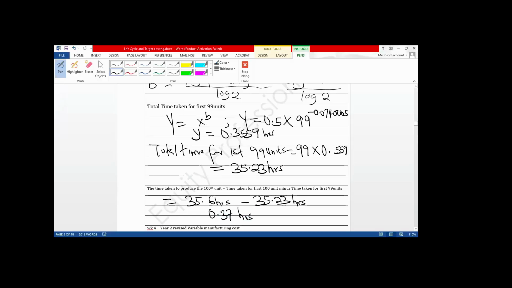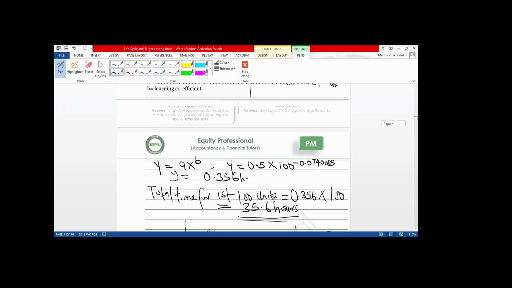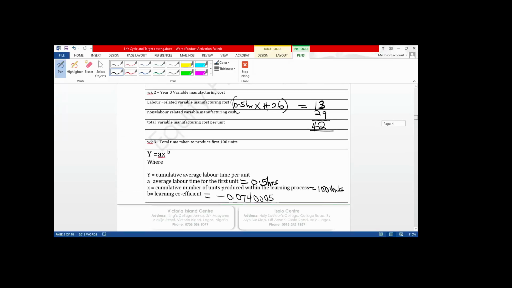That means because of the learning curve, you are going to remove 0.5 and substitute it with 0.37 hours, because the learning curve has helped us to reduce the hours spent until we get to the last unit. The last unit that the examiner says learning is for is 100 units.